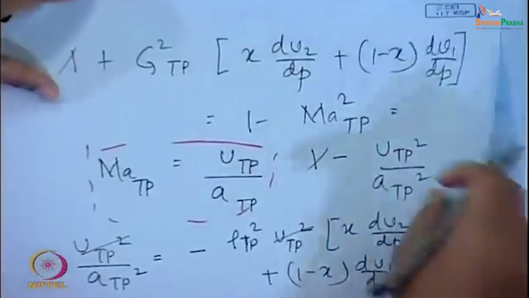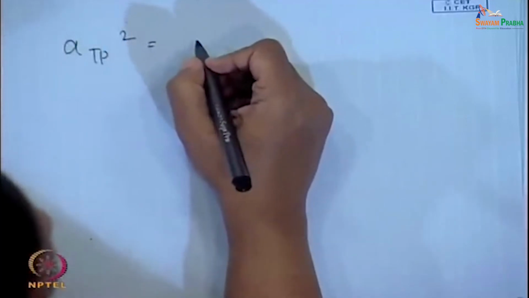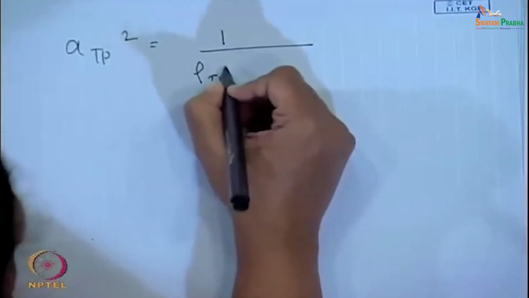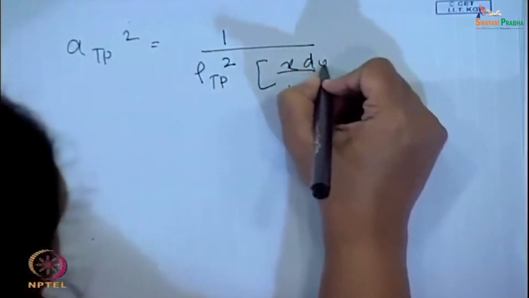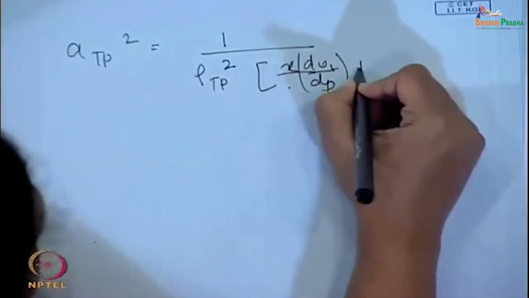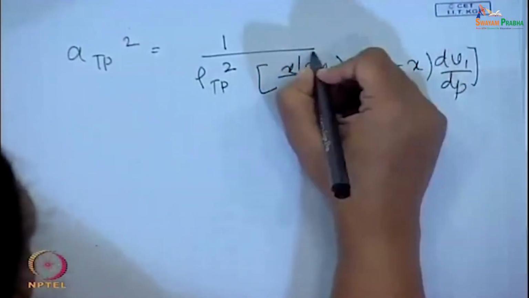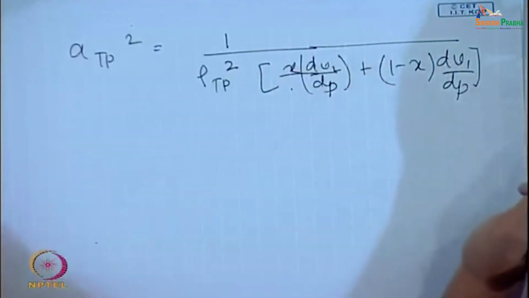We get 1 by ATP square, and this should be equal to 1 by rho TP square times x dV2/dP plus 1 minus x dV1/dP. We should get something of this sort, agreed.